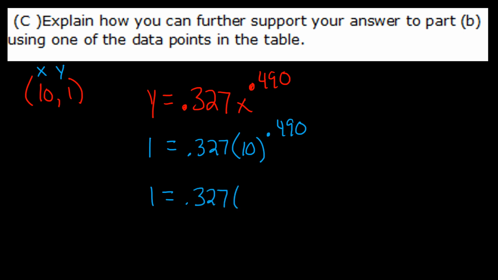And let's do 10, and we're going to raise it to the power of 0.5, which is really just kind of like taking the square root of 10, which is roughly 3.16. Then when we multiply that with 0.327, we get that 1 equals 1.03, which is really close.